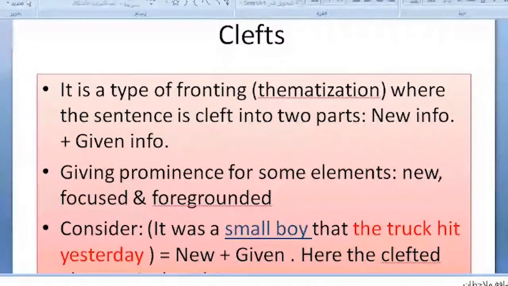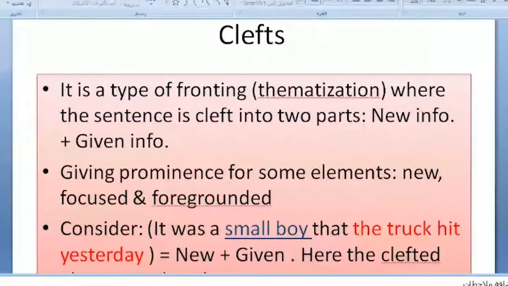Here, the original sentence reads as follows. The truck hit a small boy yesterday. This is the original sentence, where a small boy is an object. It is fronted. It is left out. Why? Because we want to give it emphasis.